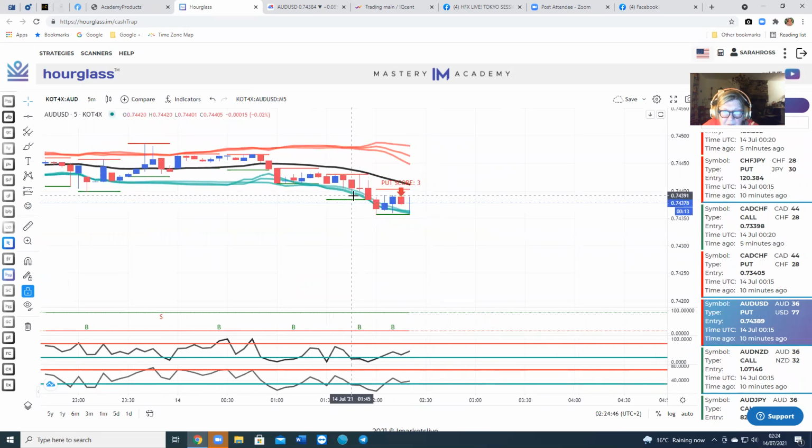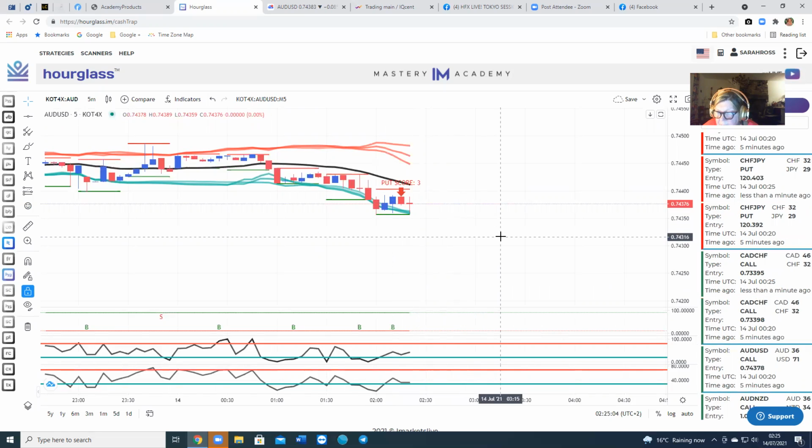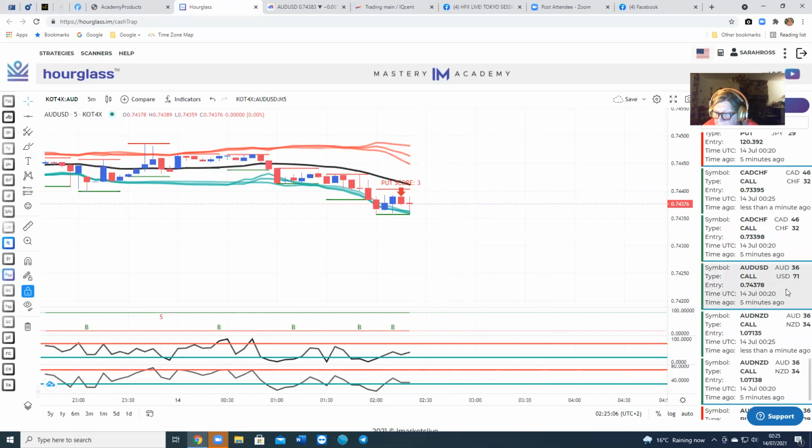We had that level at 384. Just coming up to the new 25 past candle. It's 36 to 71.